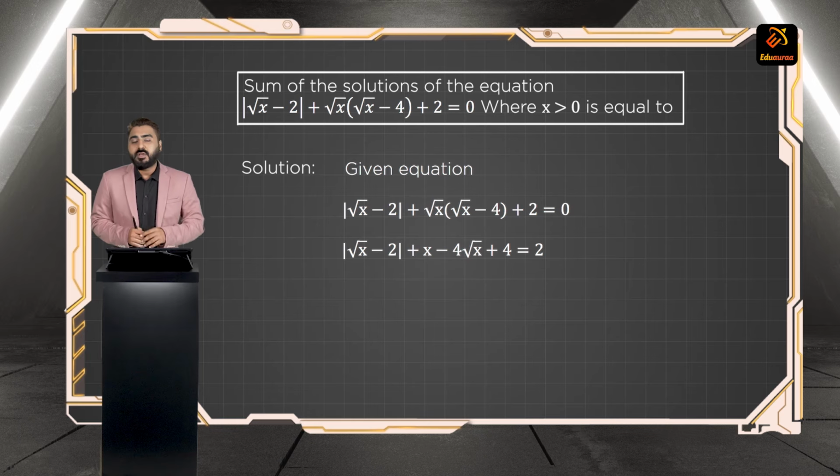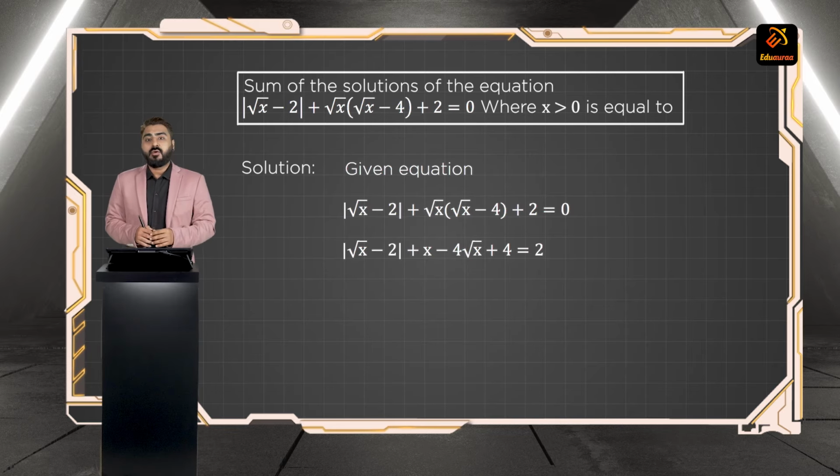So students, what have we done here? We have multiplied with root x inside, and along with that we have added 2 on both sides. So that when we add 2 on both sides, x minus 4 root x plus 4, we will write that as root x minus 2 whole square.